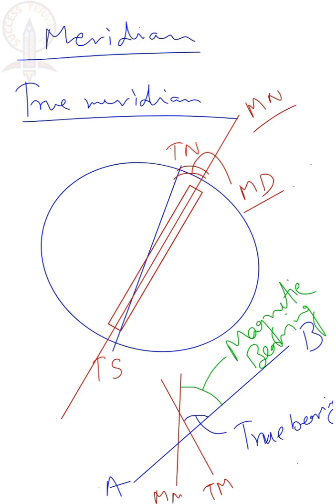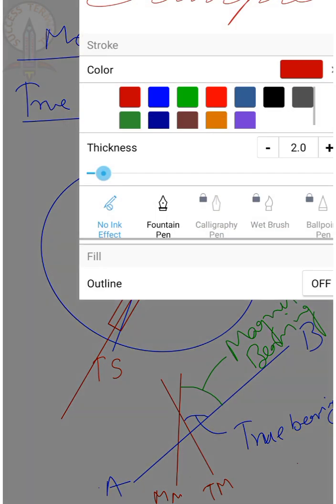If the declination is towards east with respect to true north, keep this in mind. If the declination is on the eastern side, it will be known as declination east, and if it is on the western side, then it will be known as declination west.